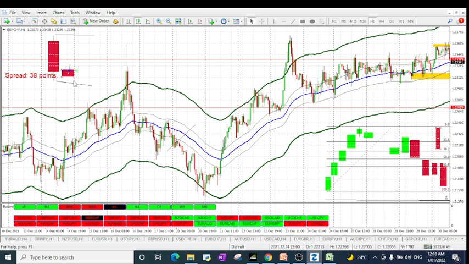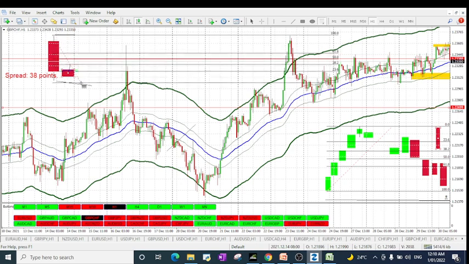So how we are going to make money is that we will use Fibonacci levels. We started here, ended up here.